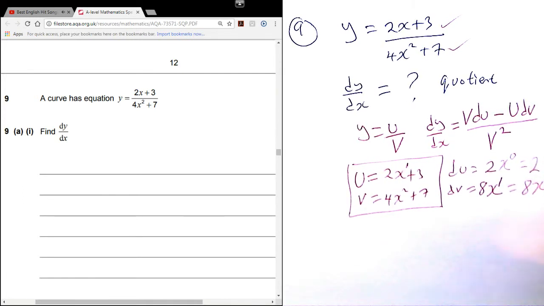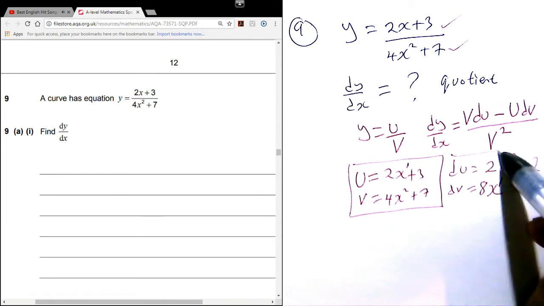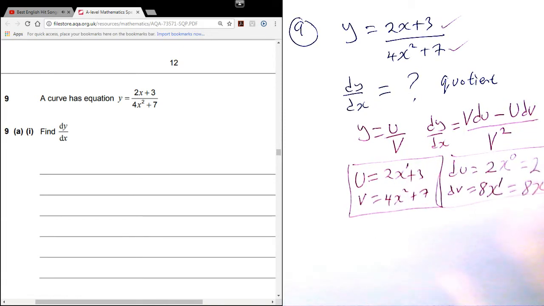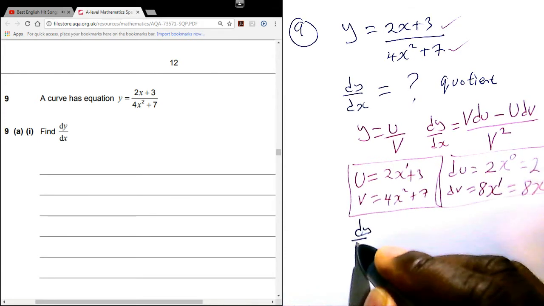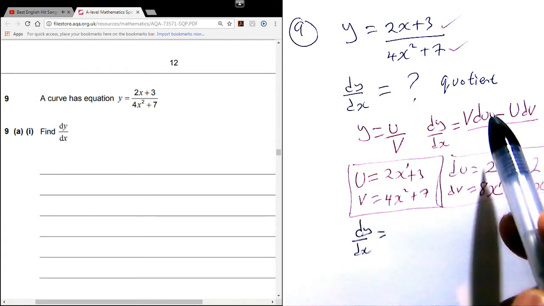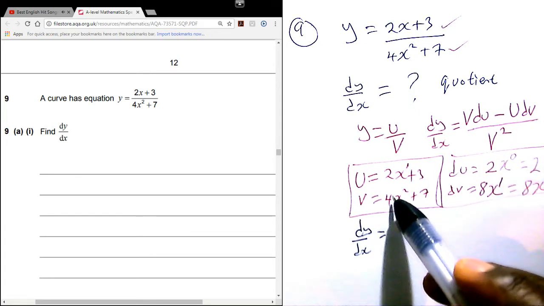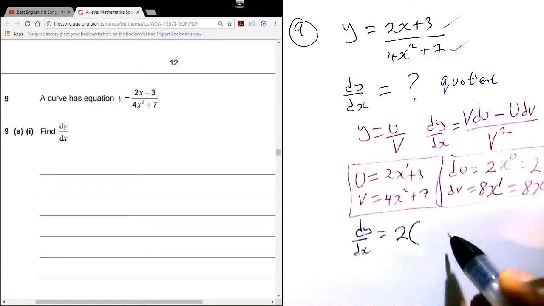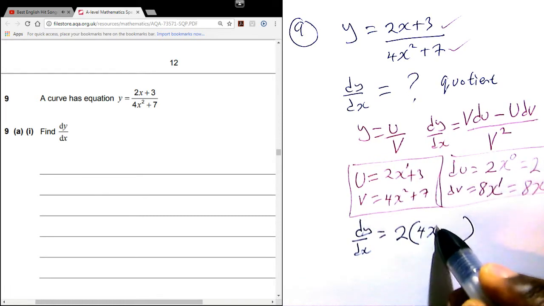Alrighty, so dropping all of this into the formula for quotient rule, dy dx can be easily sorted out. dy over dx is v du. That's my v and that's my du. So there we go, du and v.